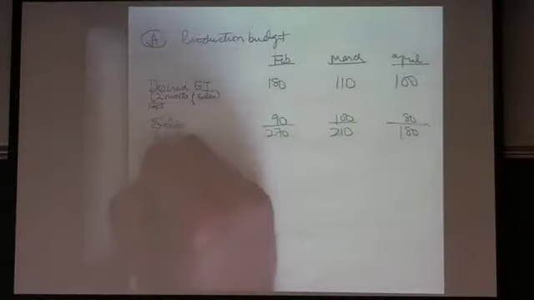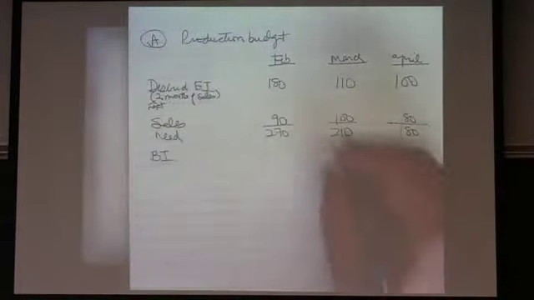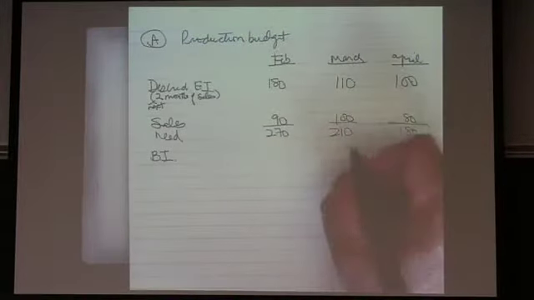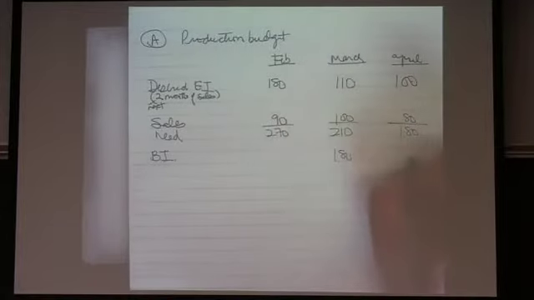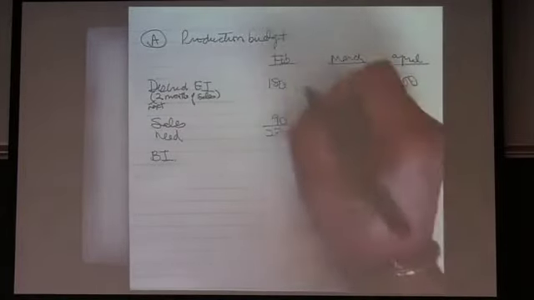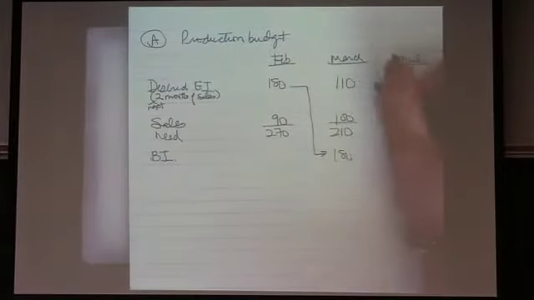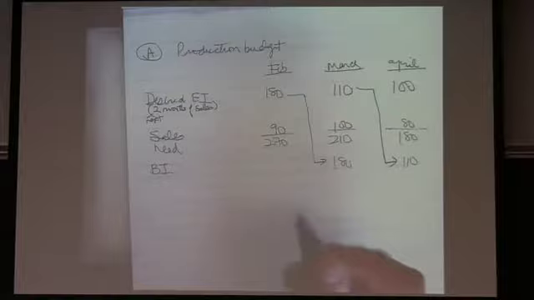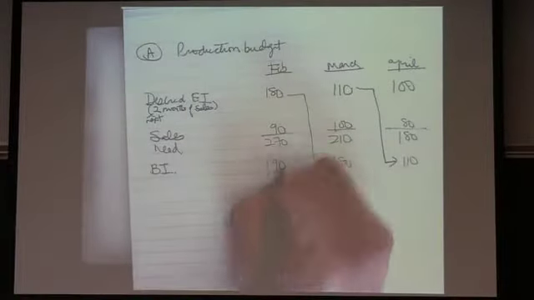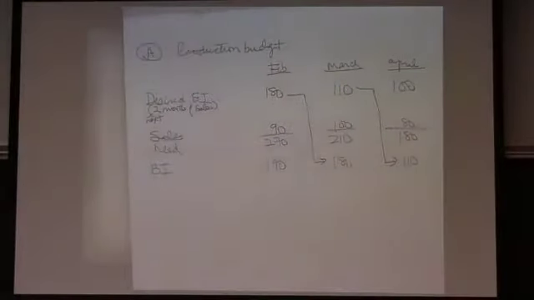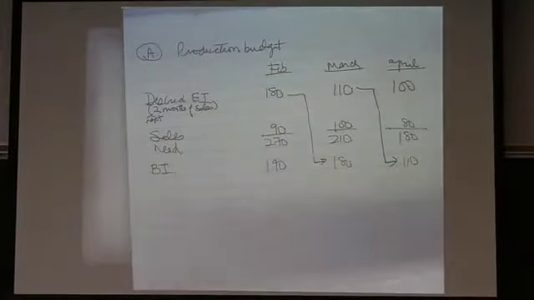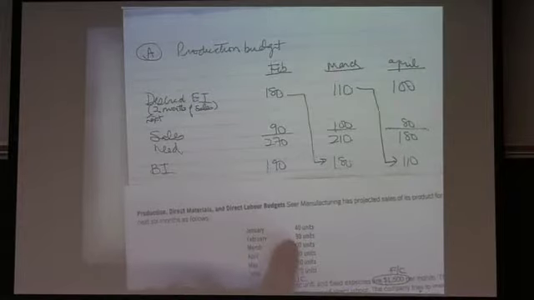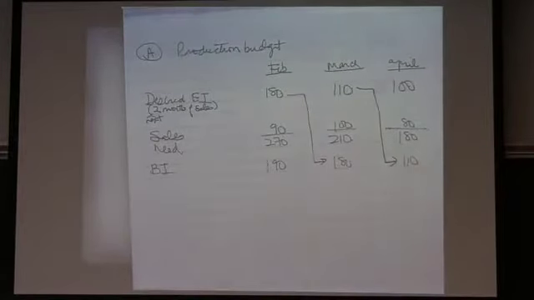Now, how much beginning inventory do I have? Obviously, my ending is going to be my beginning inventory for the following month. And for February, it would be 190. Okay? 190 because February's beginning would be January's ending, and that would be the next 2 months, 90 and 100.